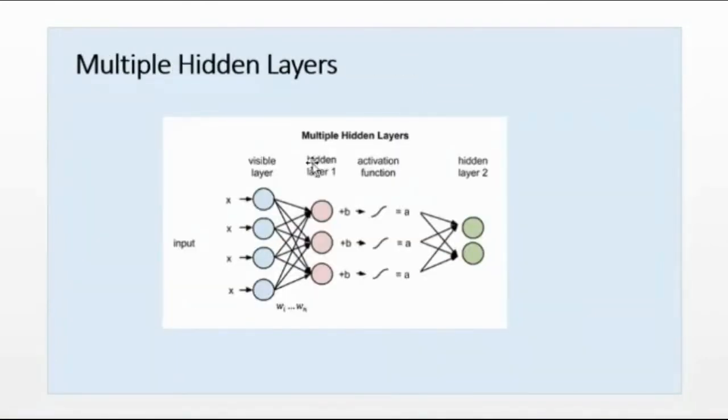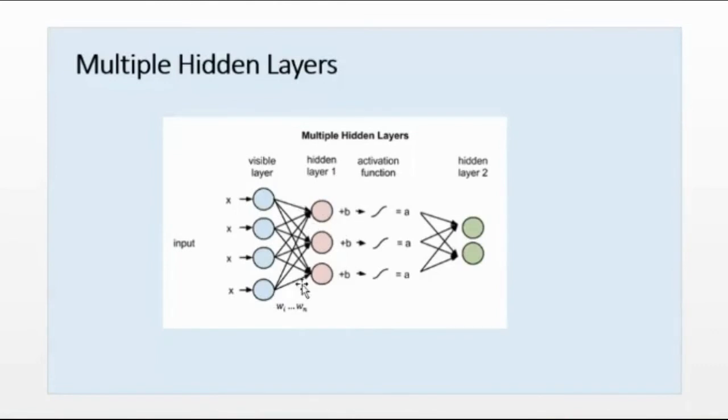If you have multiple hidden layers, what do you have to do? Since RBM works with only two layers, visible layer and hidden layer, what will happen if it has multiple hidden layers? Initially, the computation occurs between the first visible layer and hidden layer 1.